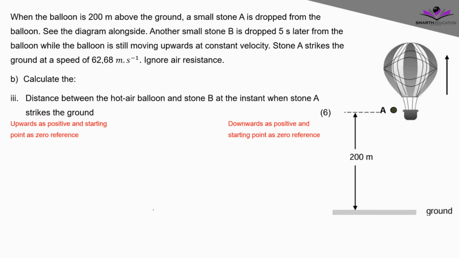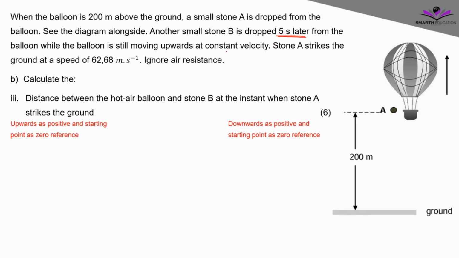Right, let's read the information again before we answer this question. When the balloon is 200 meters above the ground, a small stone is dropped from the balloon. That is stone A. See the diagram alongside. And then another small stone B is dropped 5 seconds later from the balloon while the balloon is still moving upwards at a constant velocity.